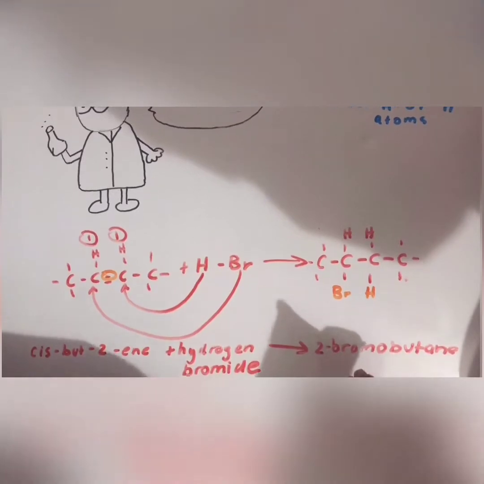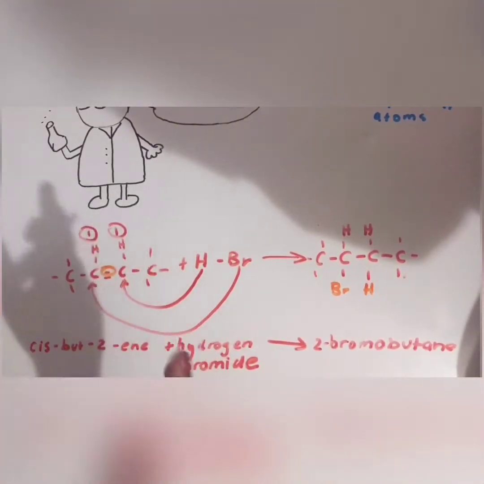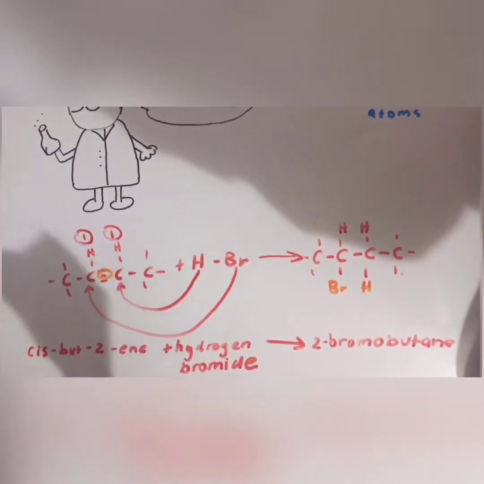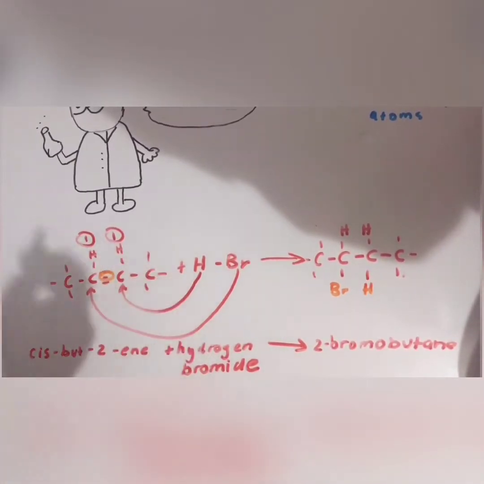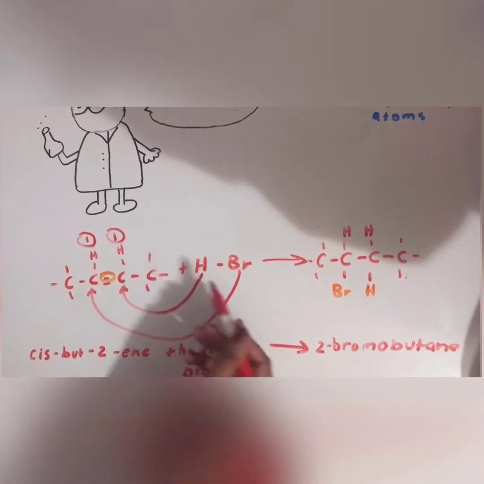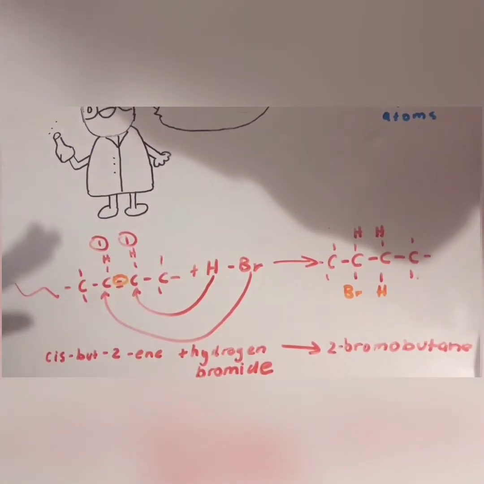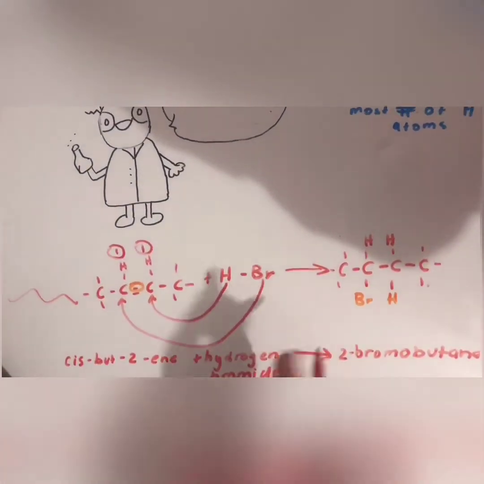But does Markovnikov's rule matter? Not in this case. It doesn't matter which carbon the hydrogen atom gets bonded to, as the two carbons forming the double bond have the same number of hydrogen atoms attached.